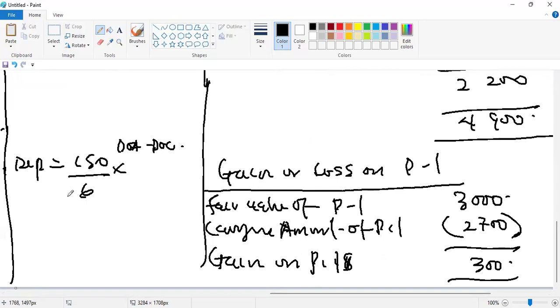So from 1st April 2019 to 31st March 2023, how many years? 4 years. So 150 divided by 6 times 4.